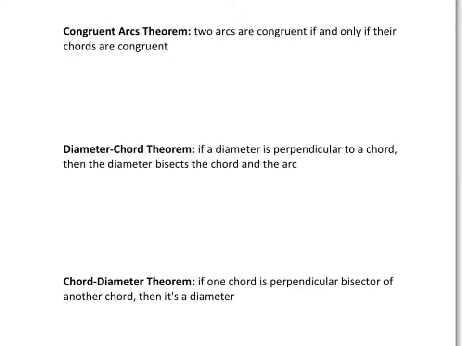Now, two arcs are only congruent if the chords that they create are congruent. So if I draw this chord and this chord, then the arcs that they create, these ones, are congruent only if those chords are also congruent.